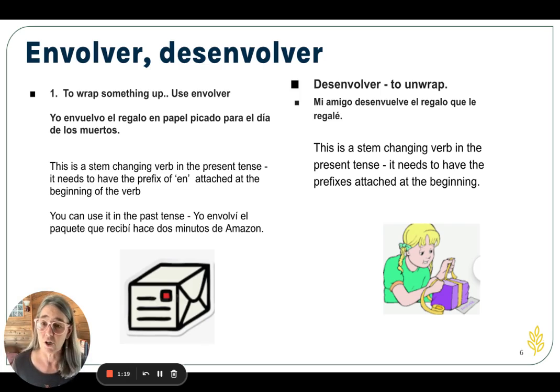It doesn't mean to return an object to the store or to the post office or something. So we're unwrapping. Desenvolver. Envolver can also mean like to wrap up your injured arm in bandages and so on from the hospital. So these are also stem changing verbs. If you know how to do volver, you can do envolver, desenvolver, and so on. But they mean different things than the verb volver suggests.